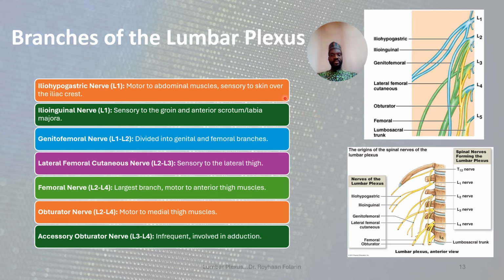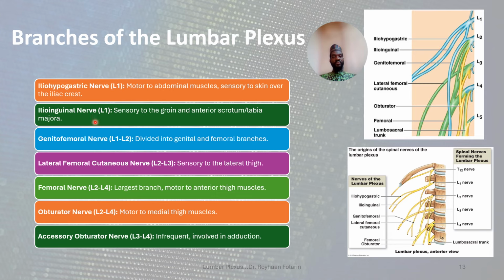So that part that is below the umbilicus is referred to as the hypogastrum. So the iliohypogastric nerve provides motor innervation to the abdominal muscles, and then sensory impulses. It relays sensory impulses from the skin over the iliac crest as well as the hypogastrum. Okay, that's why it's called the iliohypogastric nerve.